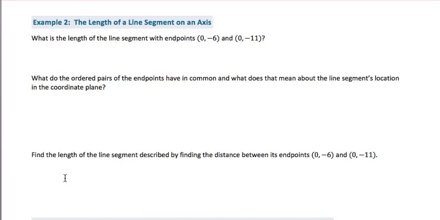Example 2. The length of the line segment with endpoints (0, -6) and (0, -11). In this case, the ordered pairs of the endpoints both have 0 for the x-coordinate.